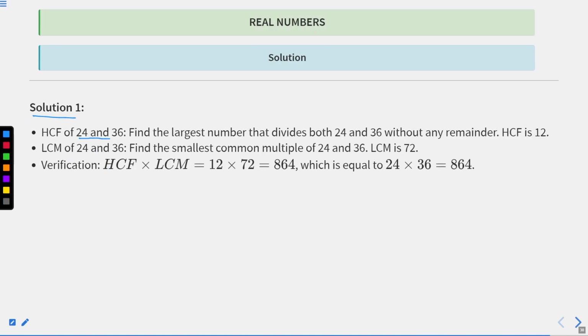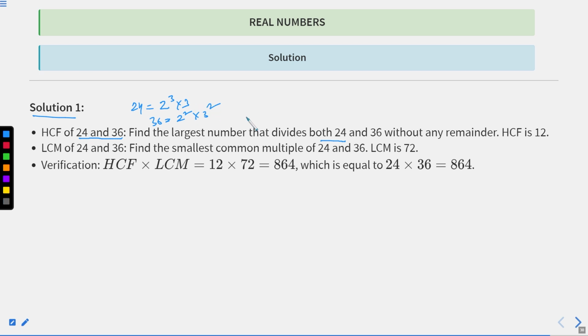HCF of 24 and 36: find the largest number that divides both 24 and 36 without any remainder. 24 can be factorized as 2 to the power 3 into 3, and 36 can be factorized as 2 square into 3 square.